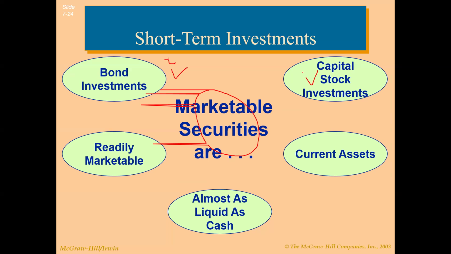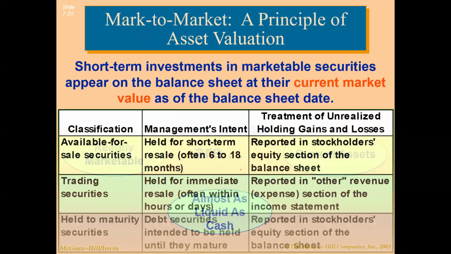And in stock, you can get dividends, and your asset may appreciate or depreciate. For example, you have purchased a share for 100, it may rise to 110, or it may decline to 80. So accordingly, we will have to make adjustments. Readily marketable means it can be sold or purchased anytime. So these are liquid securities.